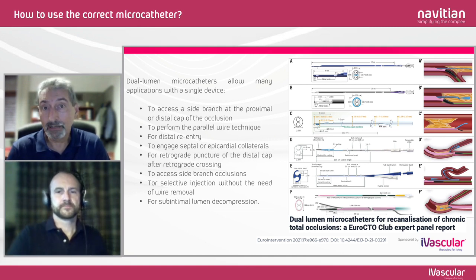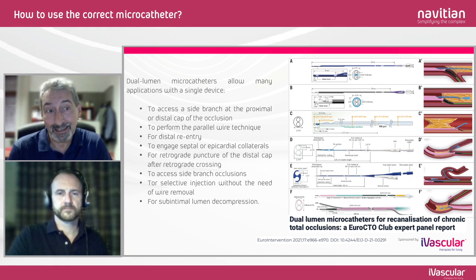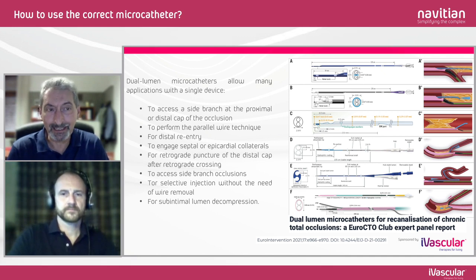You can use it for the parallel wire technique, and this is, I think, a particularly helpful way to revive a technique that otherwise was somewhat going to disappear once it was complicated with two separate microcatheters, difficult to stick inside the same guiding catheter, with complexity moving and so forth.